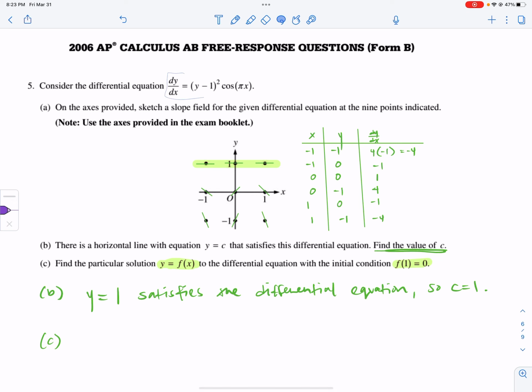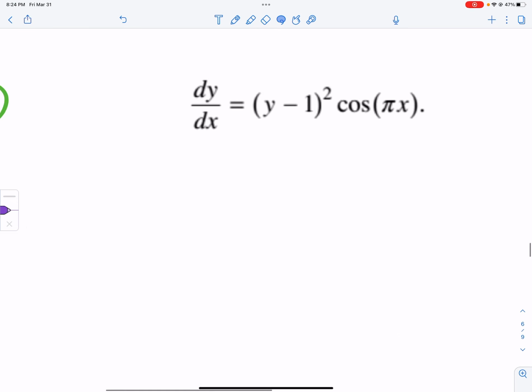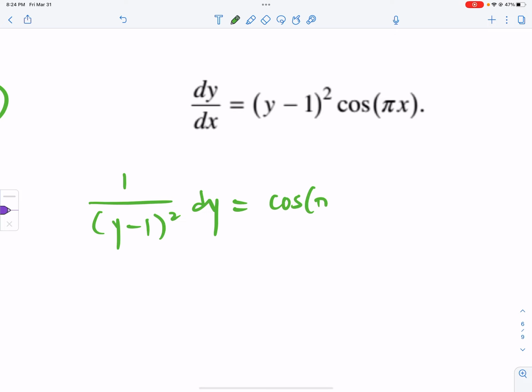Looking at the differential equation that we are trying to solve, we need to separate variables. So I'm going to divide by the quantity y minus 1 squared on each side and multiply by dx. And then we can integrate.